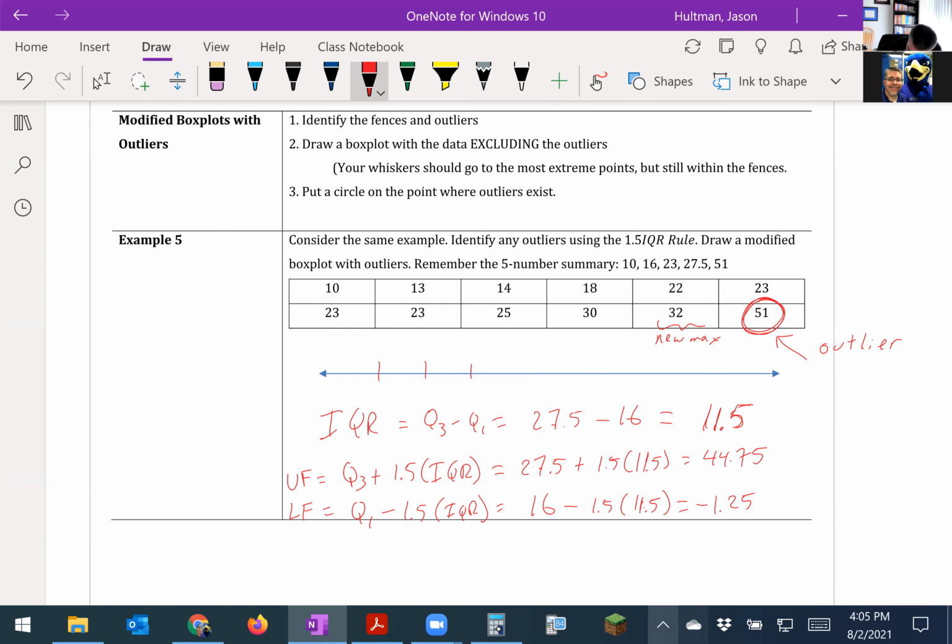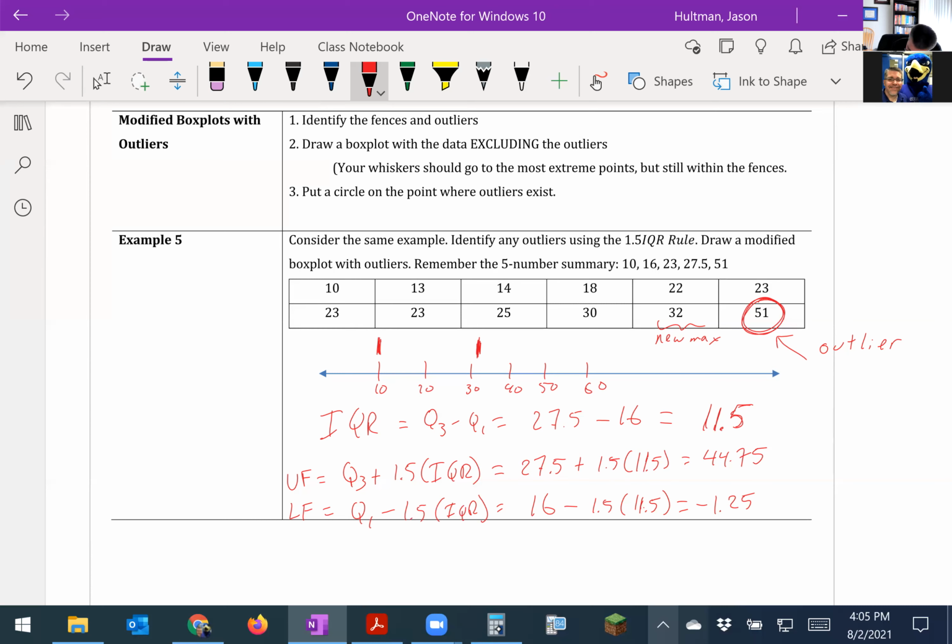What's our minimum? Our minimum is 10. What's our new maximum? Our new maximum is 32. That's right there.